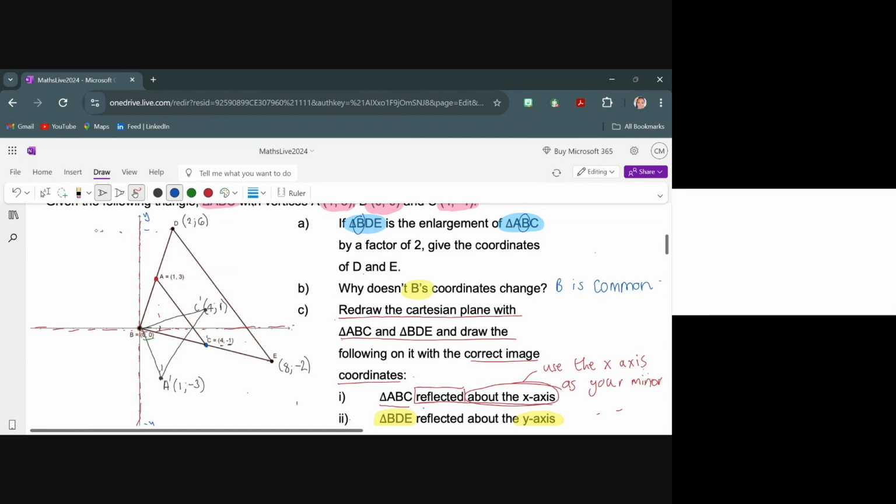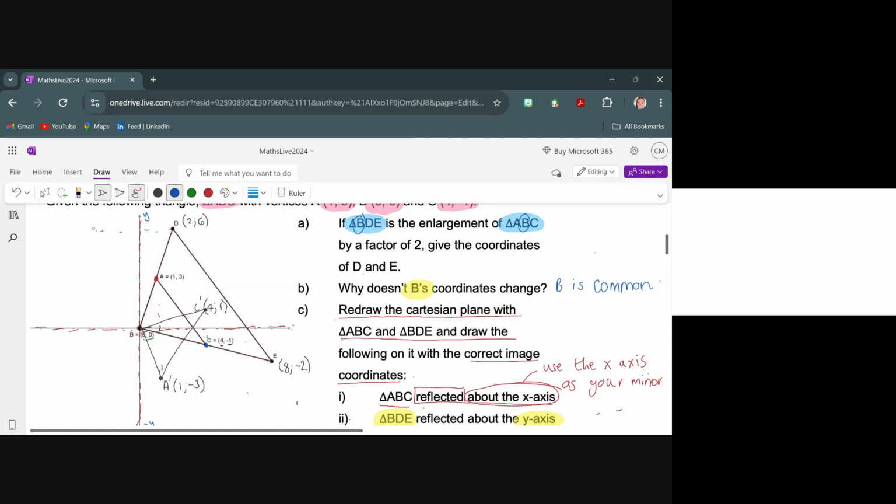Let me ask you now, grade 9s, which of my values is going to stay the same? The x value or the y value? Which one will stay the same? Yes, Butale, absolutely my y. Let's think about it. Because this is 6, it's positive 6. When I come to this side, I'm still in the positive y side.